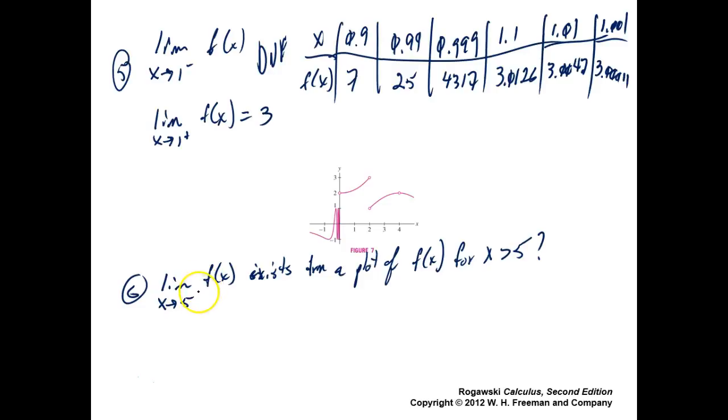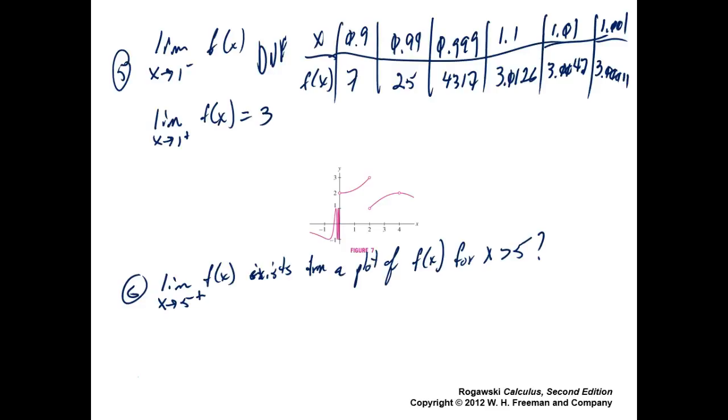If I said this, I would say yes. Can you tell whether that exists? Yes, you can. If you have a plot of everything greater than 5, and as it's getting closer and closer to 5, you can tell me either that it doesn't exist, or if it does, what the value is.